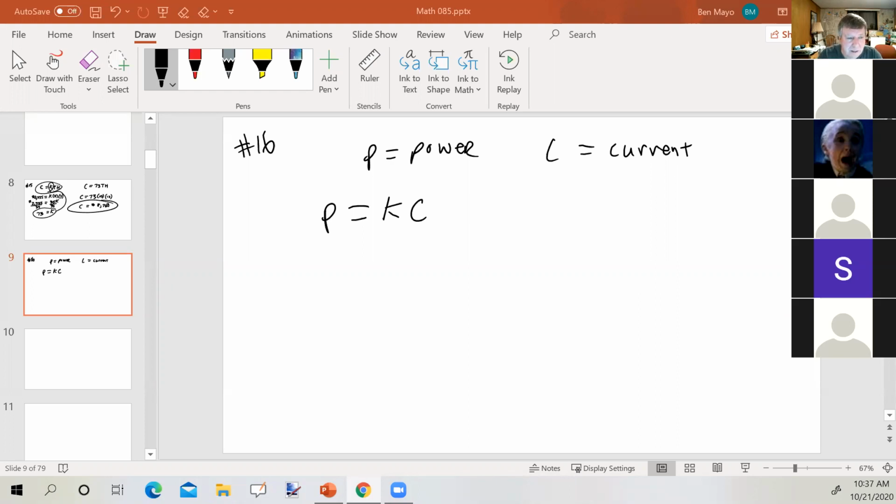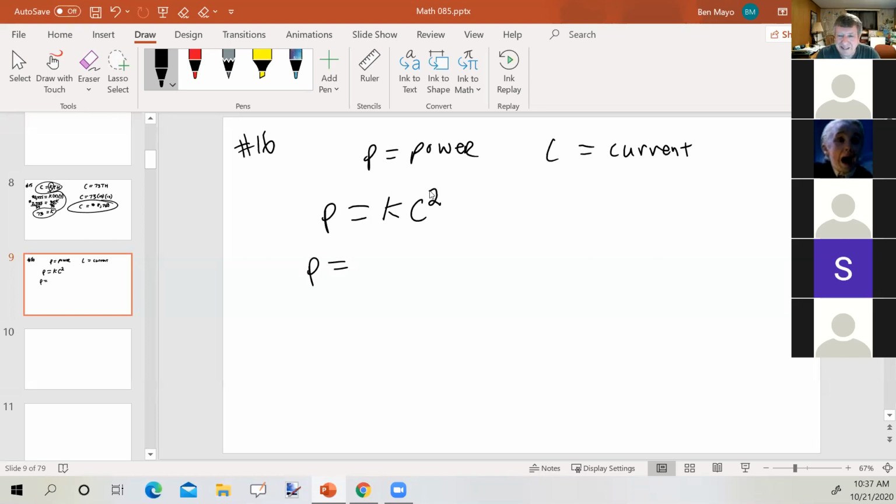I've done something incorrectly. It says varies directly as the square of the current. I missed that, so it should be squared. Okay, so now it says what power? Power.